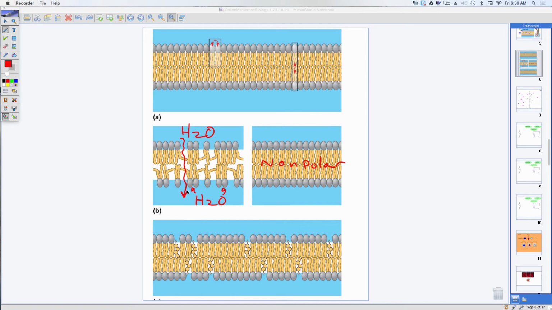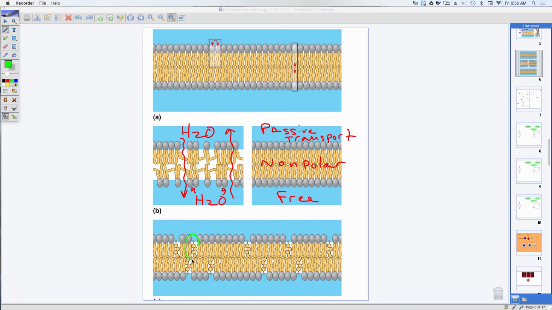The net result is molecules can pass through that membrane as a result of osmosis and diffusion, and in this way it is passive transport because it is free. No ATP is required.